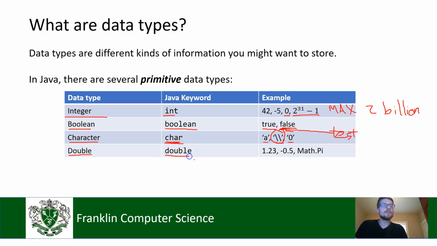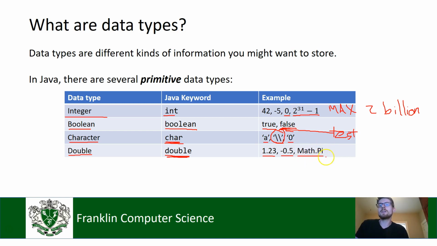It's the double data type, and its keyword is lowercase d. And these are decimal numbers, 1.23, negative 0.5, math.pi. Ooh, that's one that's interesting. We've never seen this kind of way of writing things before.